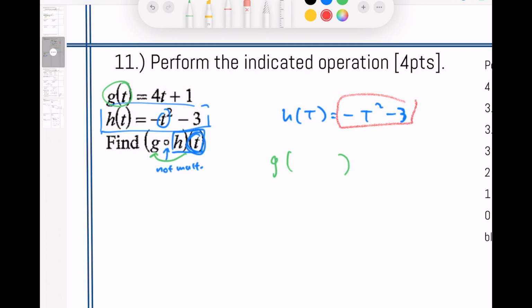this becomes now, that was my answer, that was the output. I'm going to input it here into every x value. And we'll do that multiple times. 4 times t plus 1. So the input is now negative 2t squared minus 3. You don't need to worry about that part. And you'll do the same thing over here.